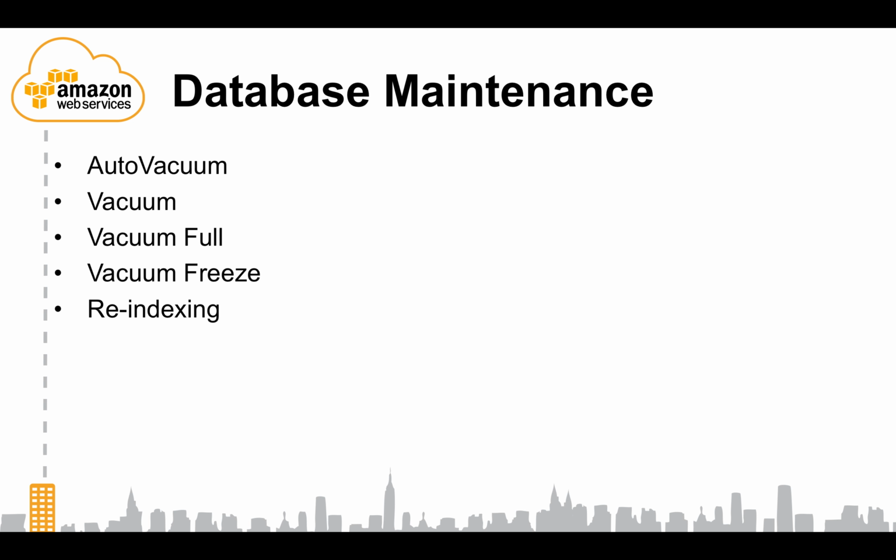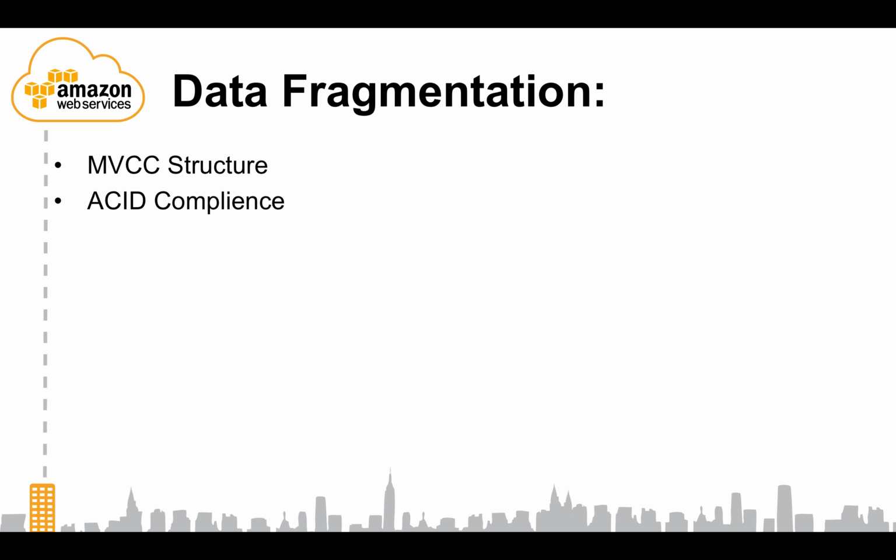Before we understand more about reindexing, firstly we need to know more about fragmentation of data. Let's look into the next slide about it. So here there are two factors which affect data fragmentation.